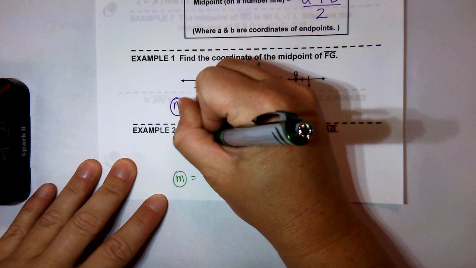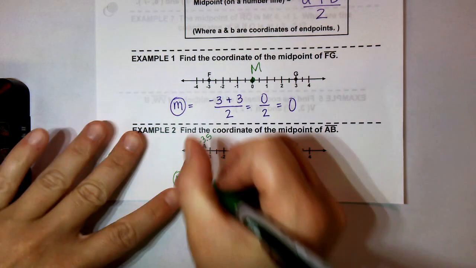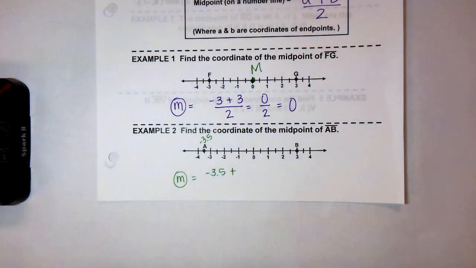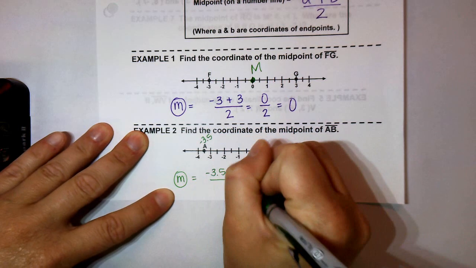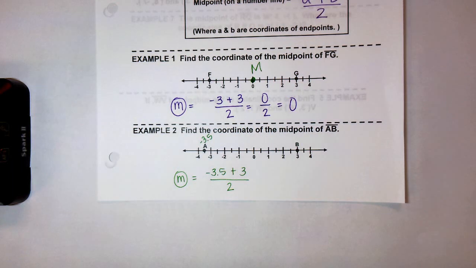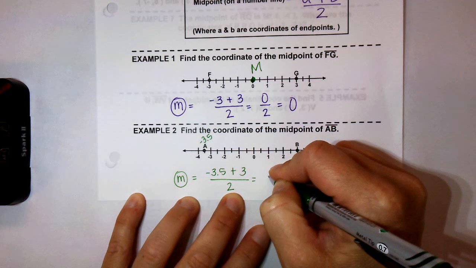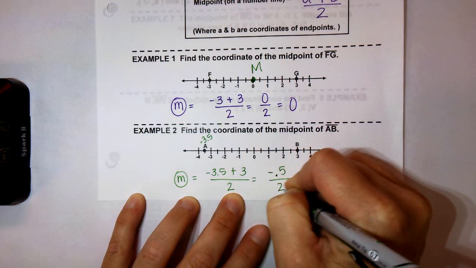So now, A is -3.5, so that's the first endpoint. I'm going to add that to the second, so what's B? 3. And then I'm going to divide that by 2. -3.5 plus 3 is -0.5. And that needs to be divided by 2.